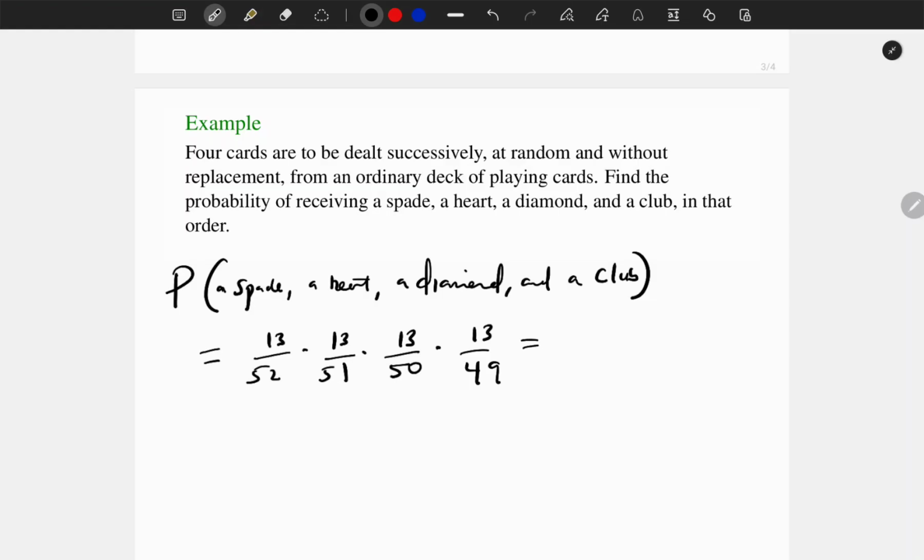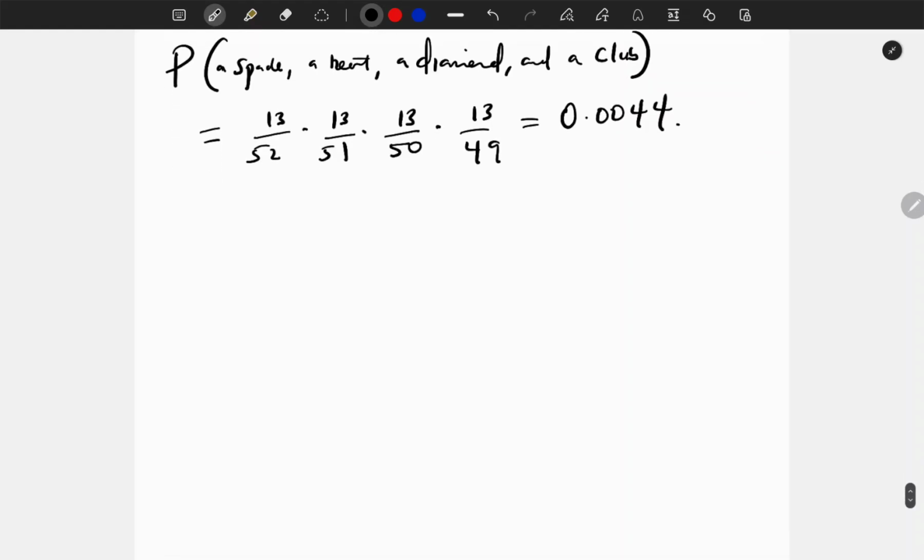If you take the multiplication of all this, then you're able to get a reasonable result. Let me quickly confirm the result: you have 0.0044. So you can confirm that.